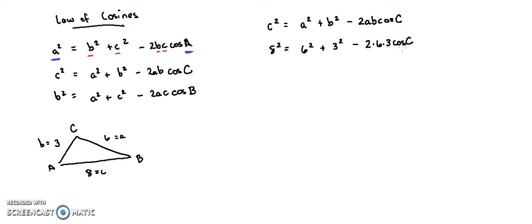We plug all that in, and we're going to have 64 is equal to 36 plus 9 minus 36 cosine C. We're going to subtract 36, subtract 9, and that's going to give us 19, I think. Yes.